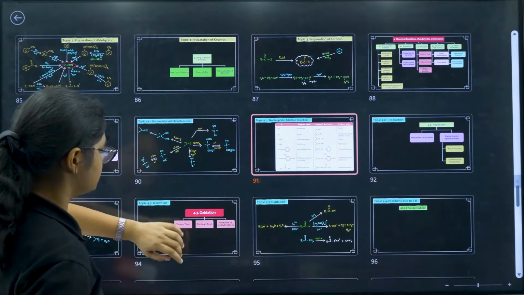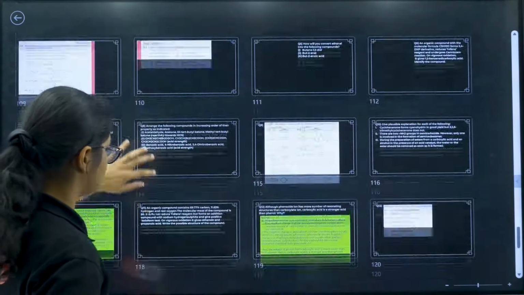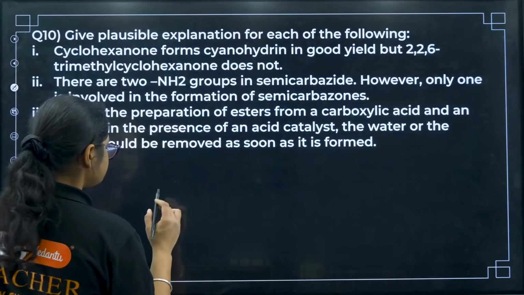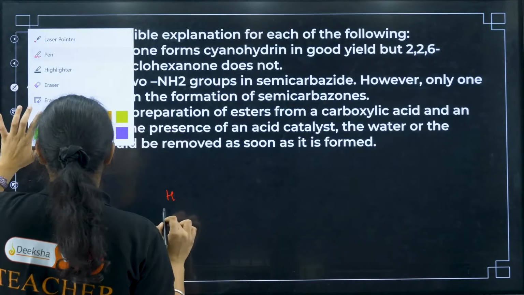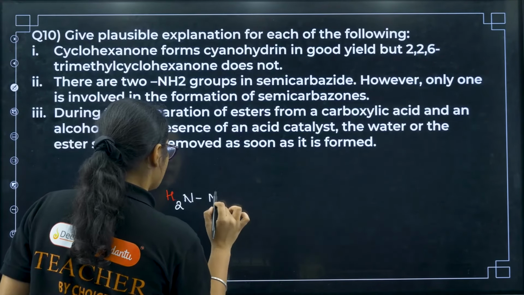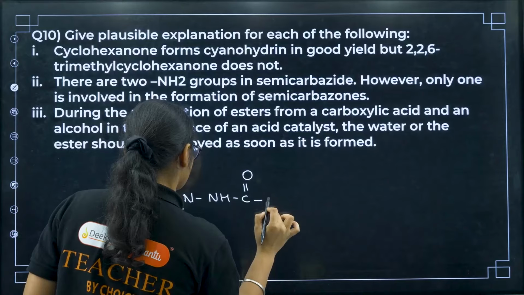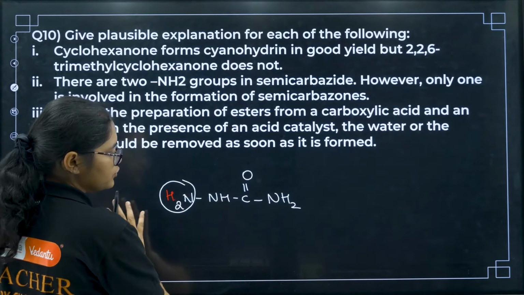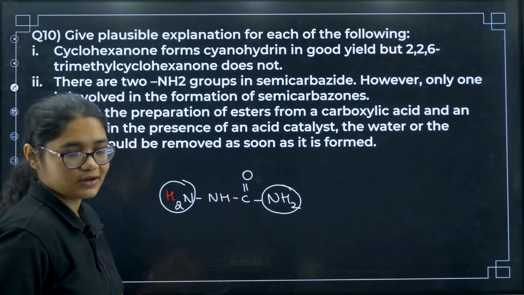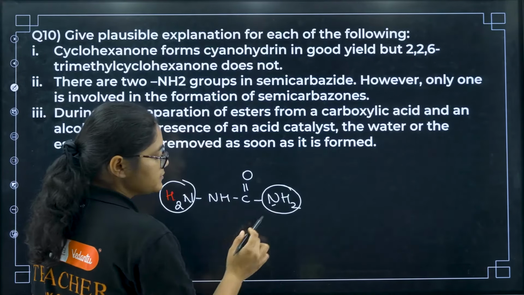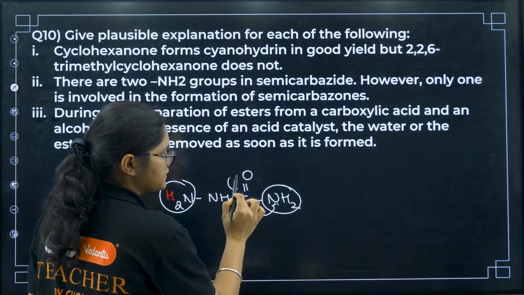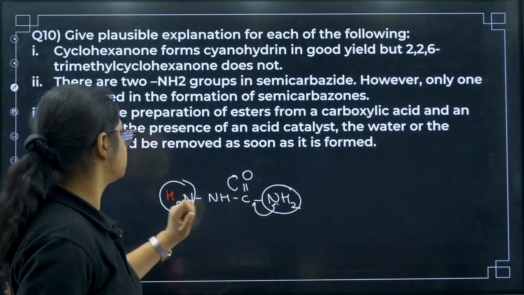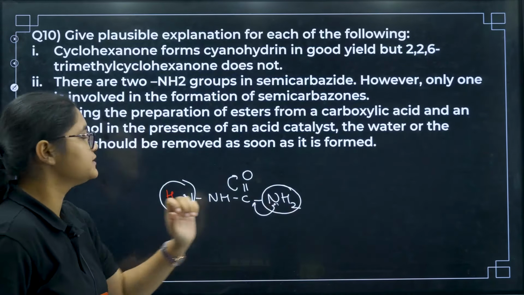So if I draw this, where was the question, just a minute, yeah, so I have H2N, okay, then I have NHCONH2. This is semicarbazide. Here they are asking why only one NH2 group is involved and the other is not. Now what happens here is the electrons present on this nitrogen are involved in resonance with this carbonyl, so it is not available for the addition reaction. So that is why this reaction does not take place, or this NH2 group is not involved.